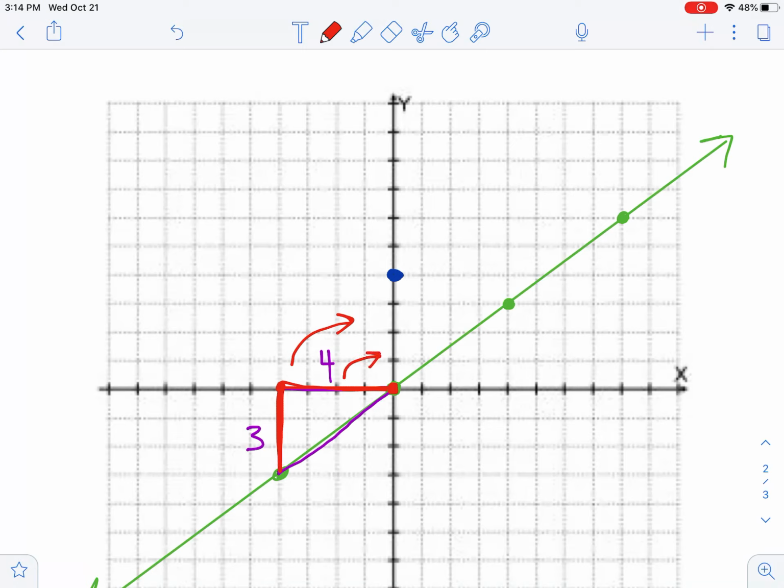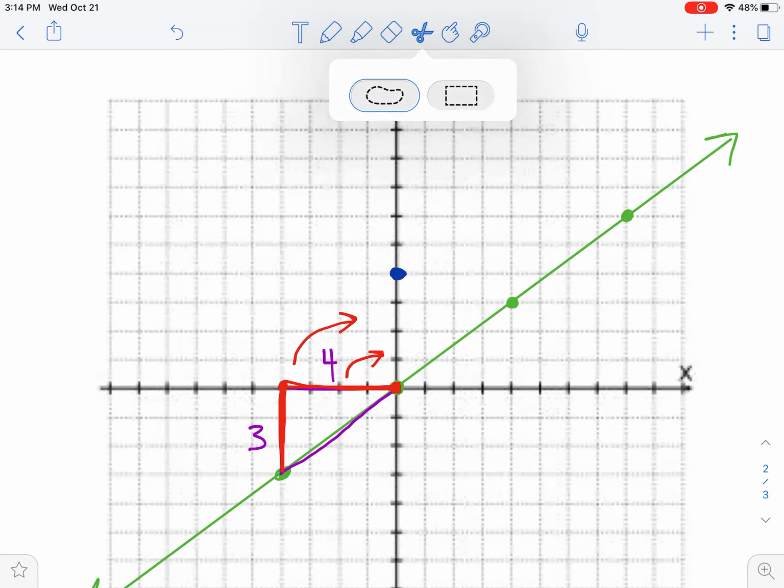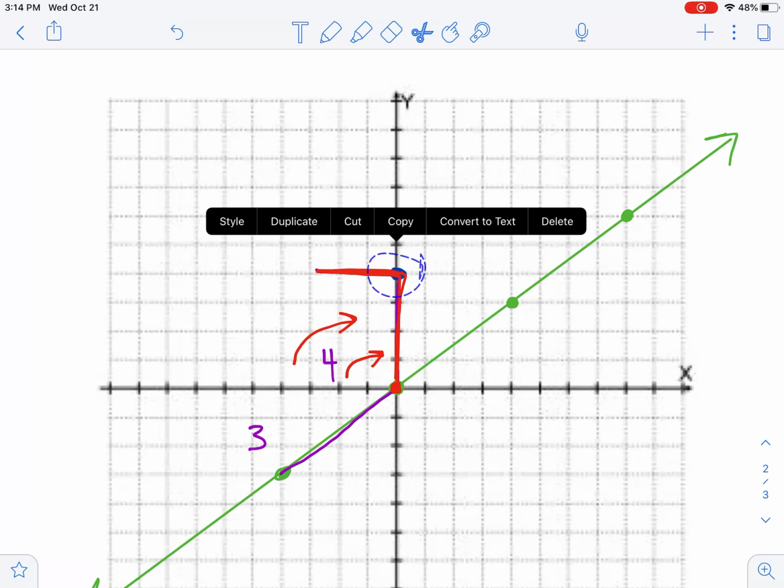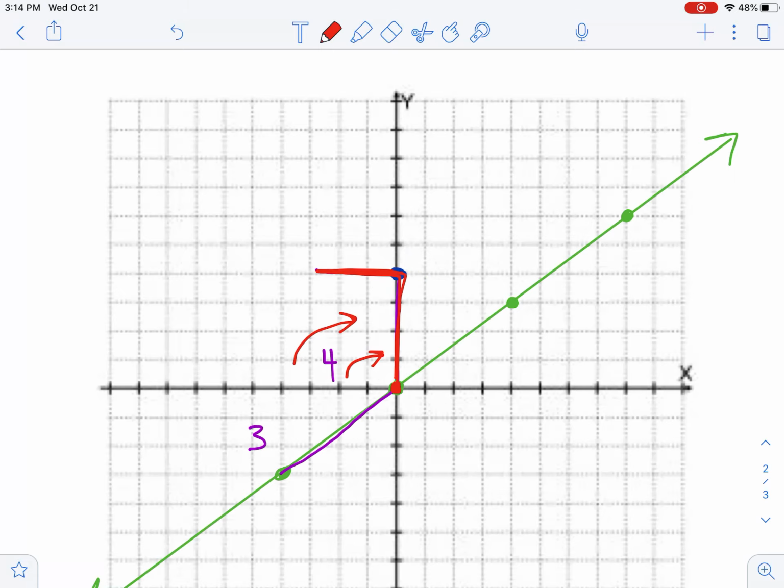If I were to move this red line, and maybe I can even show you if I cut it with scissors, and I rotate it 90 degrees, it's going to be rotated this way. And so now that new point, oh, I cut the whole thing. That's okay. That new point for B is going to be now on this side here. And so that would be a 90-degree angle.